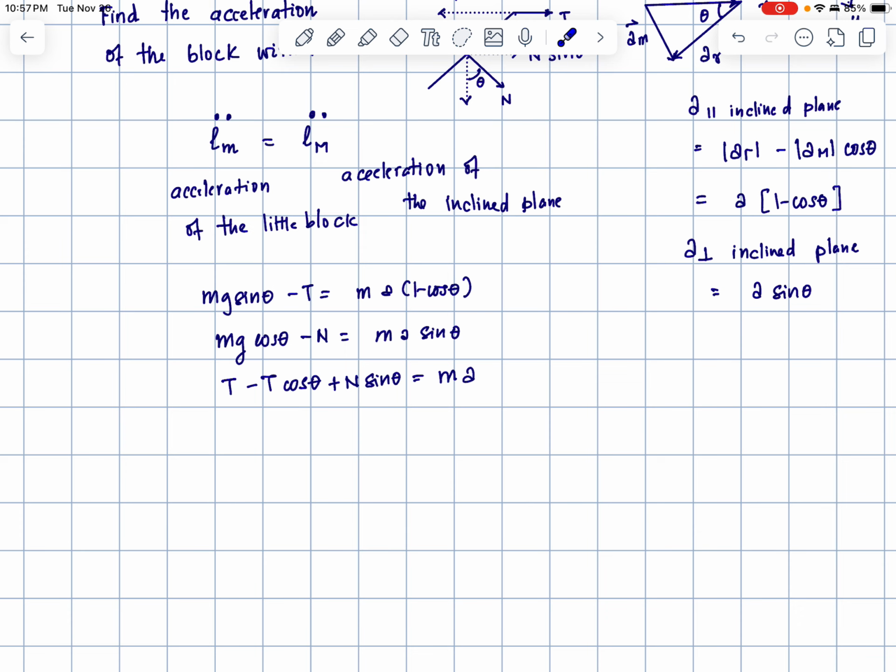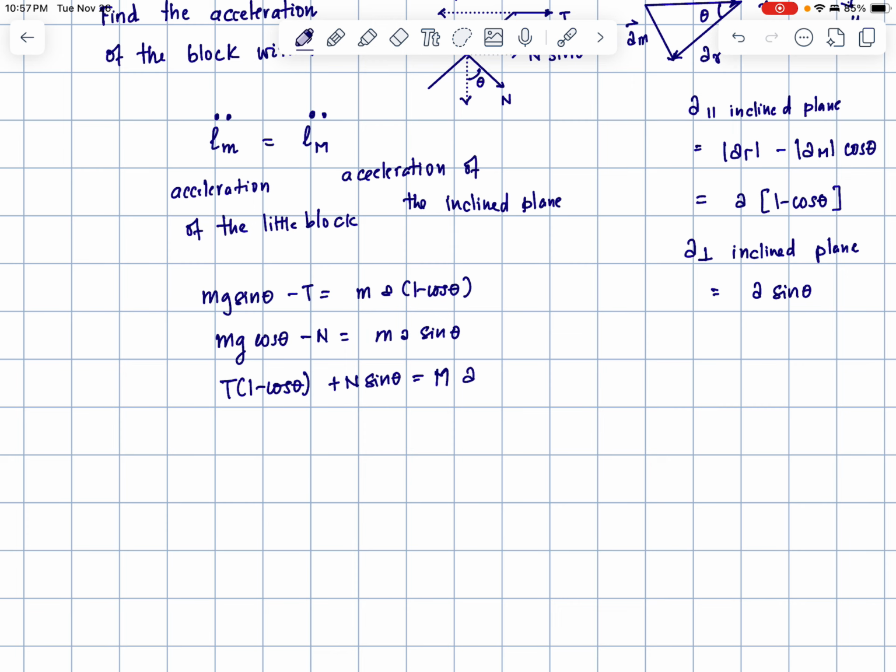If you rewrite this equation at the bottom, I'm just going to overwrite this: T times (1 minus cosine theta) plus... actually there's an error here, so we replace this by capital M, because this is Newton's law for the inclined plane.